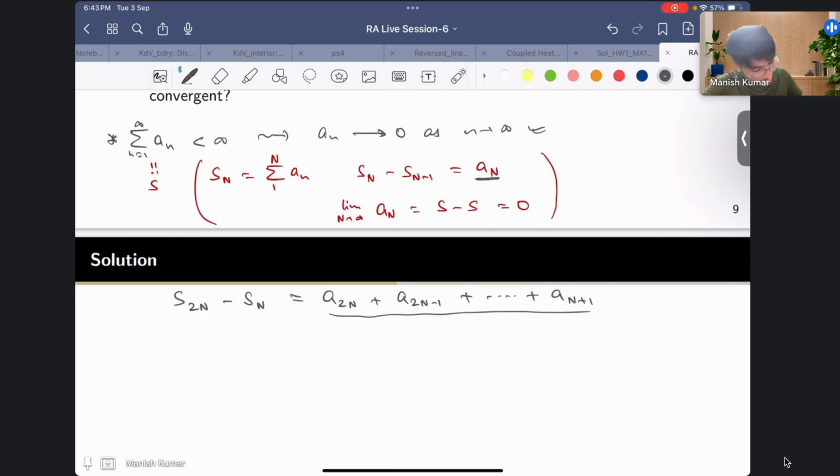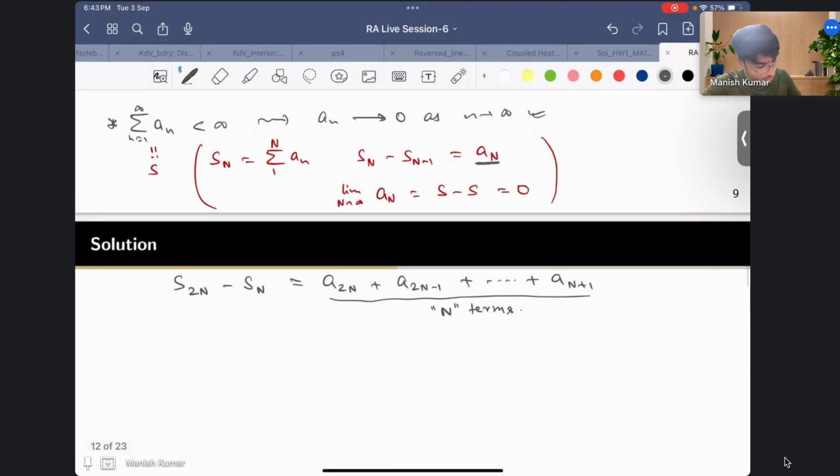Here you have n terms, correct? And since the sequence is decreasing, you can bound each of these terms by this one, because a2n is the lowest term. So a2n has the least value. So here I can write this as at least n times a2n.